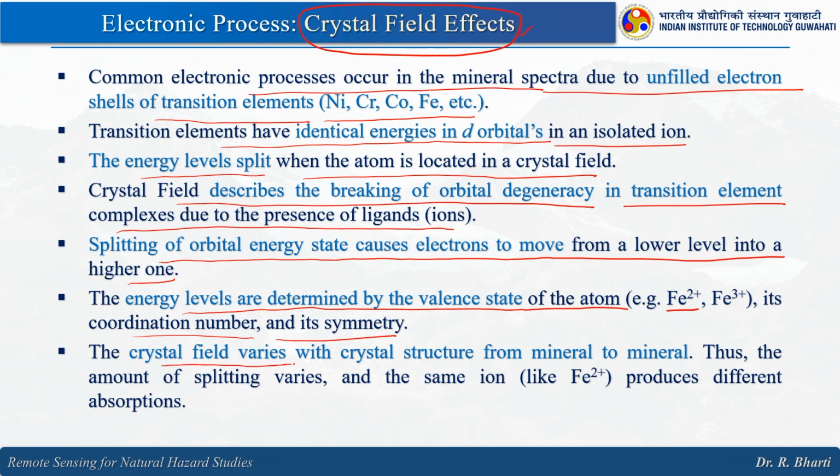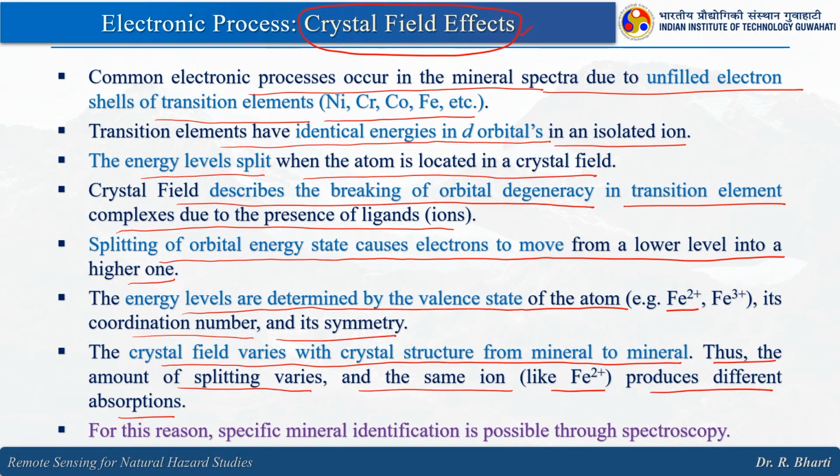The crystal field varies with crystal structure from mineral to mineral. Thus, the amount of splitting varies and the same ion, like Fe2+, produces different absorption positions, right. So, now you can see that Fe2+ and Fe3+ can both be identified because of this crystal field effect.